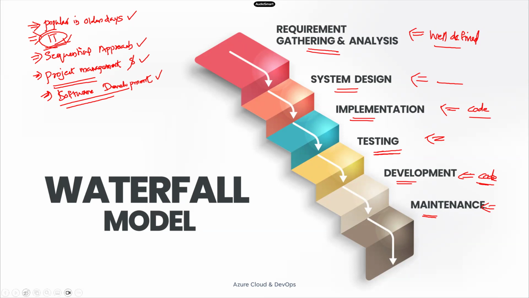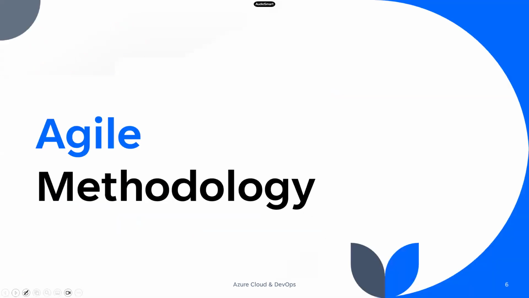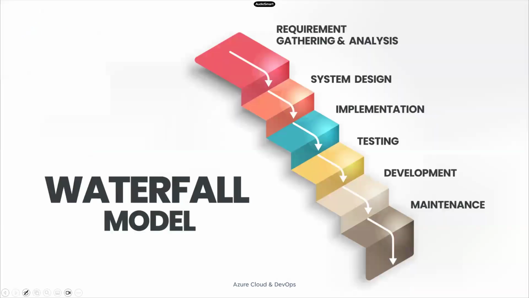So we'll be moving into the next thing, agile methodology. Keep in mind that these concepts are important, but you will not be asked to answer every step and what happens in every step. You don't need to bother about that, but you need to understand what it is and how it works. That's it.